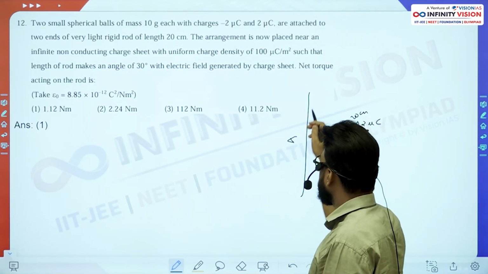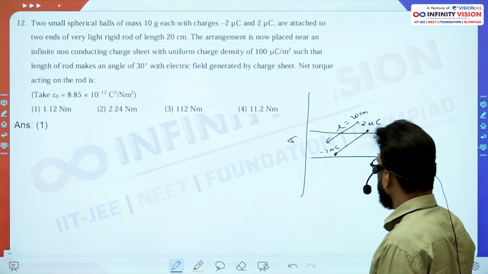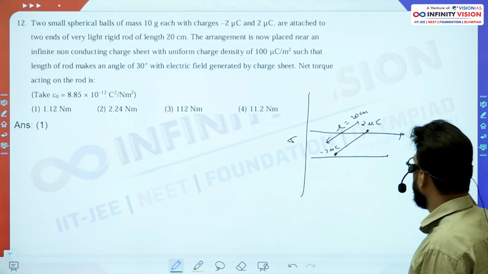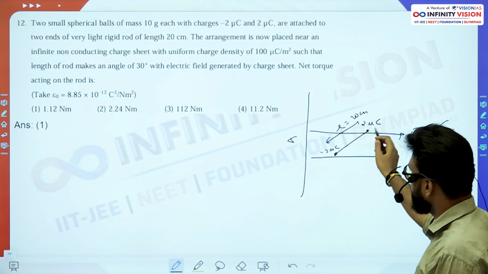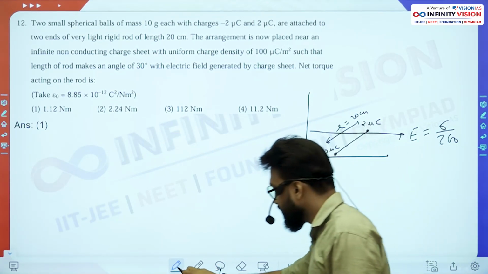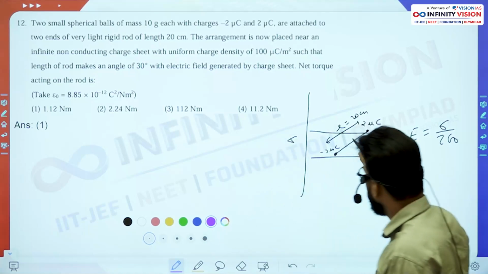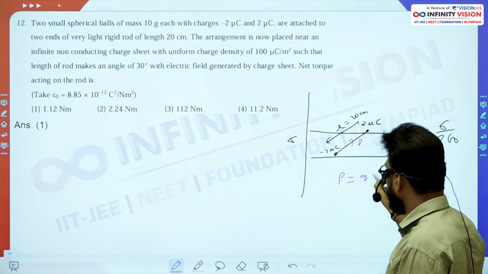Charge density of this sheet is sigma. So electric field would be outward, and this electric field would be sigma by 2 epsilon naught, that we already know. So this setup will act like a dipole having dipole moment P, which is given by Q times this length L.